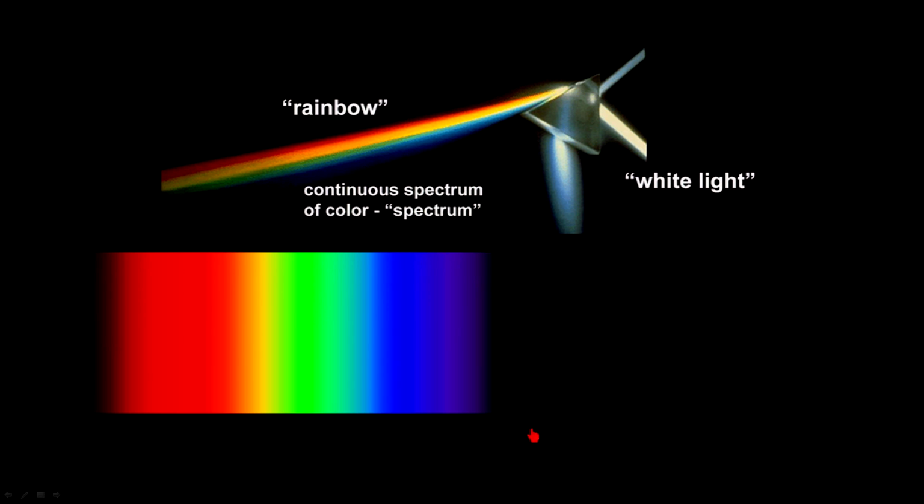What we often do is provide a way for you to remember the colors in the correct order by giving you what looks like a very strange sounding name. This has been done for decades. The name Roy G. Biv is a way to remember the colors in the correct order. R is for red, O is for orange, Y is for yellow, G is for green, B is for blue, V is for violet.